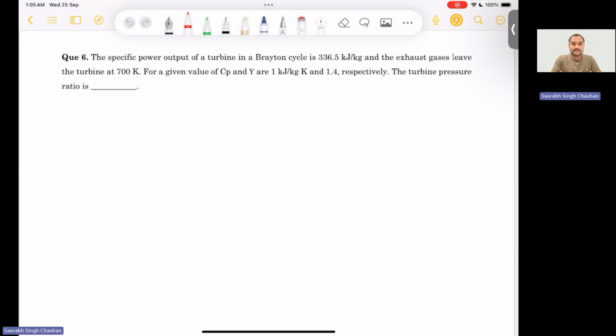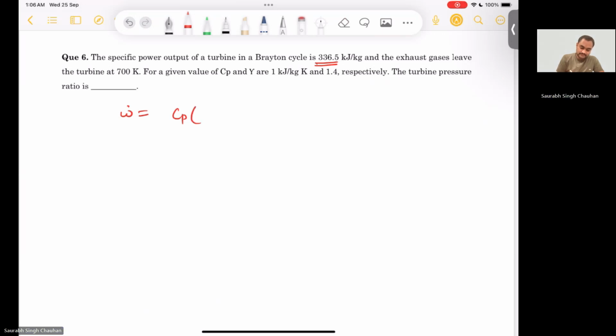Question number 6. The specific power output of a turbine in a Brayton cycle is 336.5 kilojoule per kg. Okay, so this is our specific power output, and it will be given by the same expression, right?